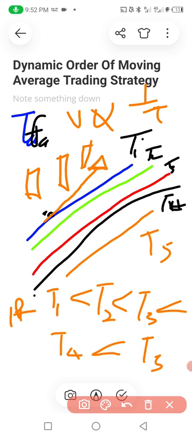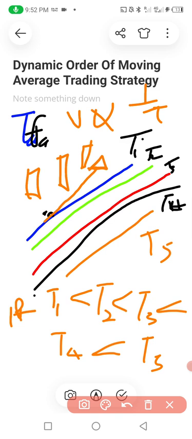When you have something like this, let's say 10, 20, 30, 40, 50, you see that you are ascending. So this is ascending order. The order of these moving averages is ascending order. So for a buy market to happen, the moving averages should be in ascending order, starting with the fastest moving average.